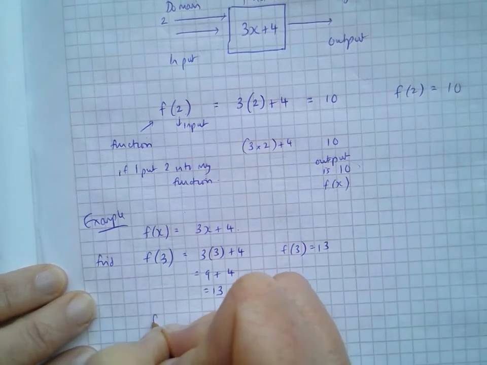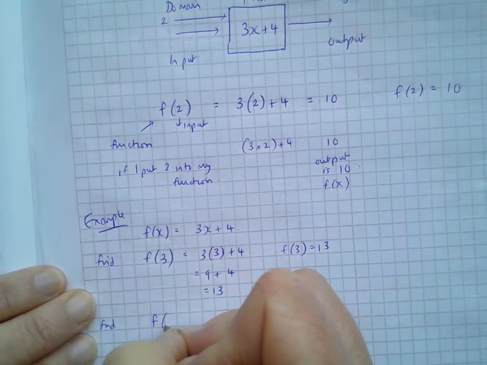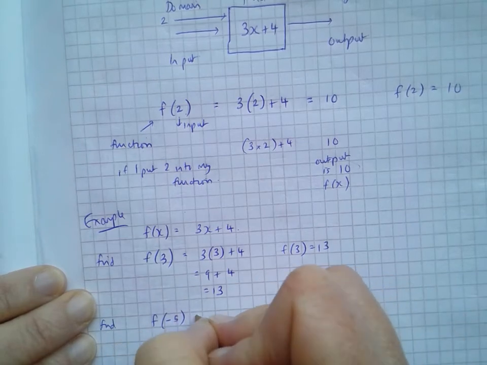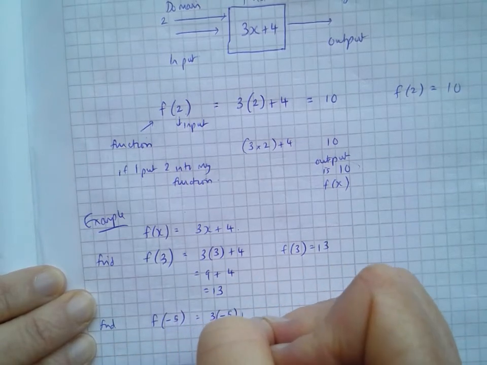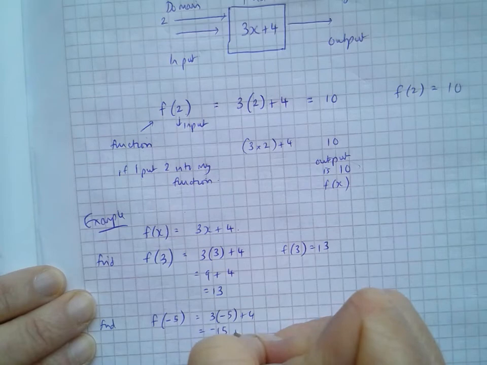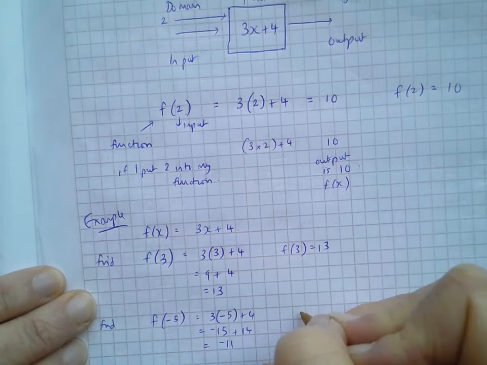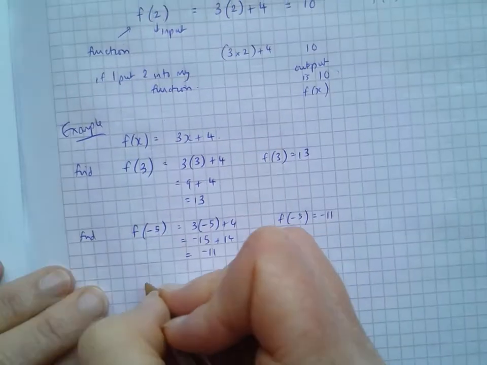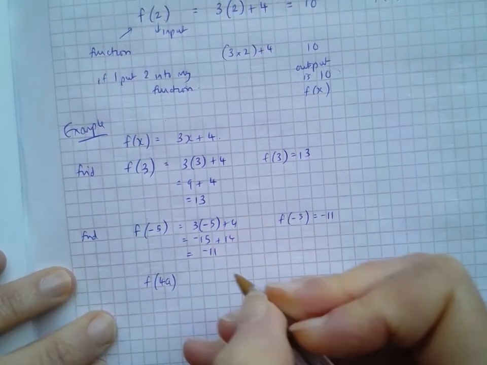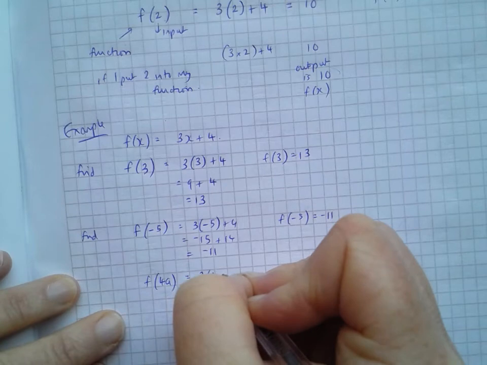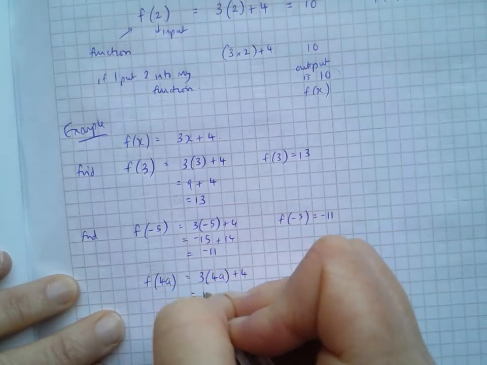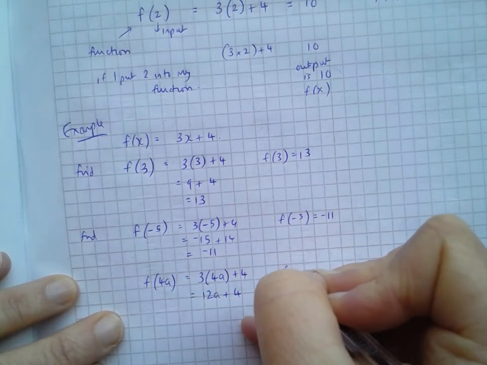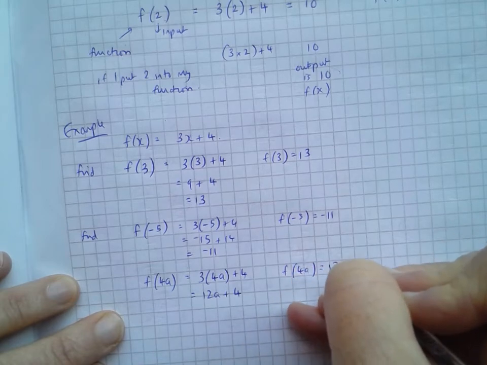Find f of minus 5, which equals 3 by minus 5 plus 4, which is minus 15 plus 4, which is minus 11. So f of minus 5 equals minus 11. Say it was f of 4a, that would be 3 by 4a plus 4, which would be 12a plus 4. So f of 4a equals 12a plus 4.